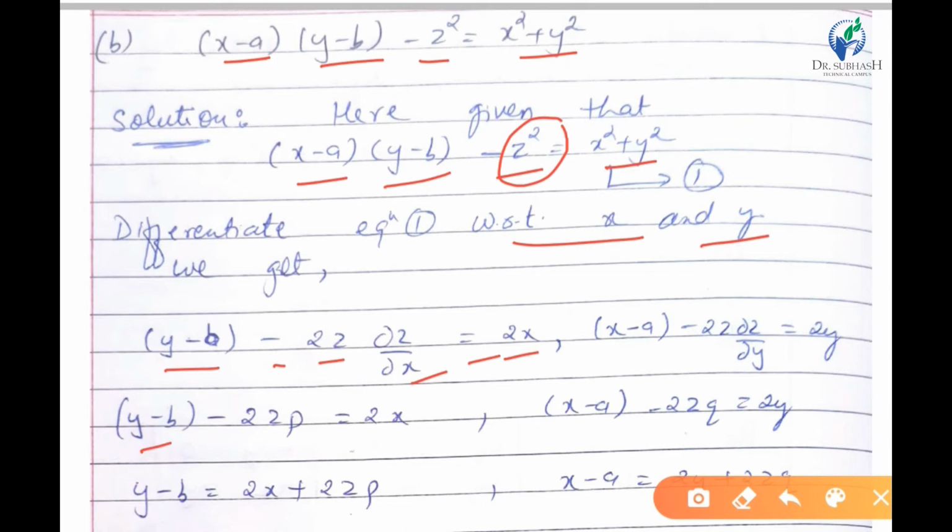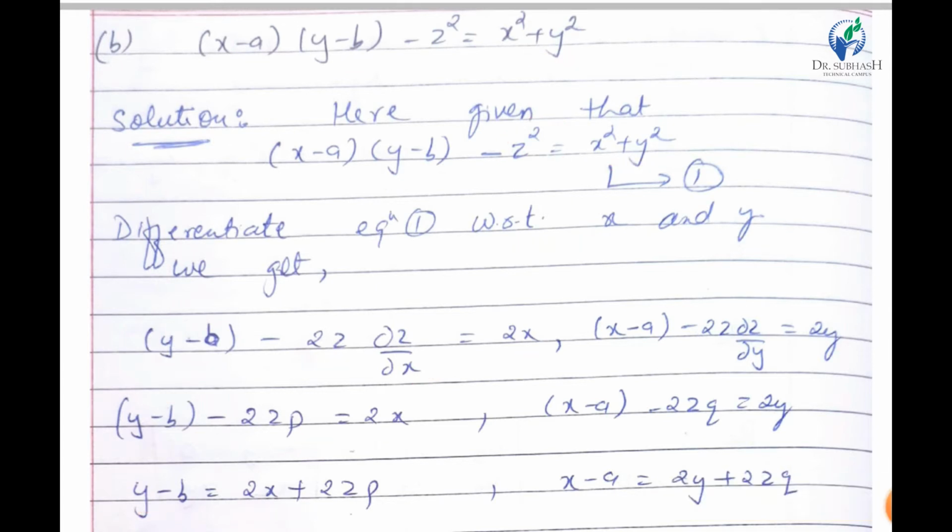So this y minus b will be as it is, minus 2z will be as it is. Del z by del x can be written as p, which is equal to 2x. Now again same as in the first example, we take the value of y minus b. So we get here 2x plus 2zp.